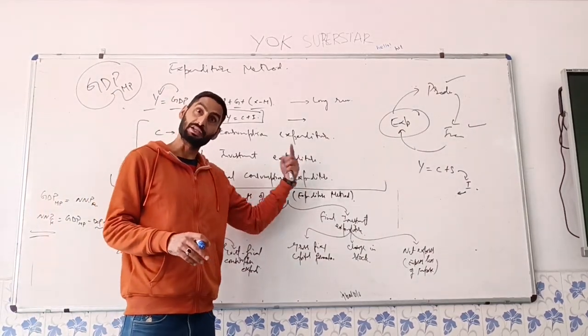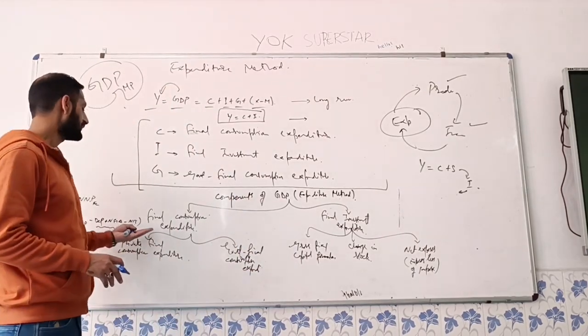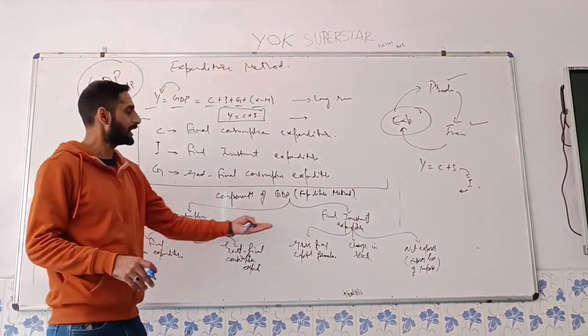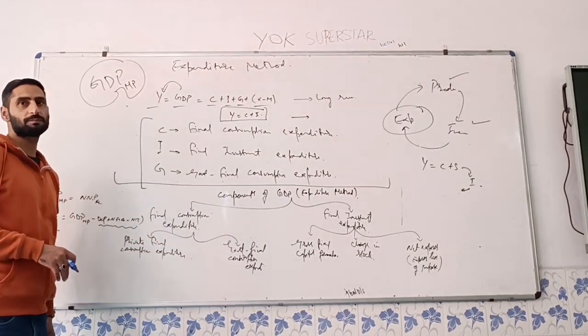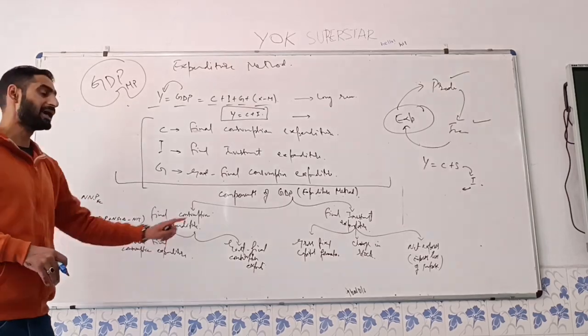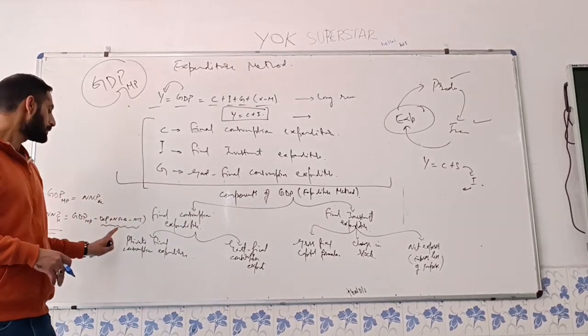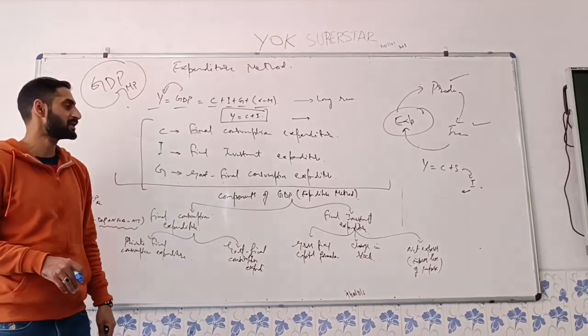When we look through the expenditure method, only two things we get. That is final consumption expenditure and final investment expenditure. Final consumption expenditure is from two parties, that is private and the government. That is why it is called private final consumption expenditure and government final consumption expenditure.